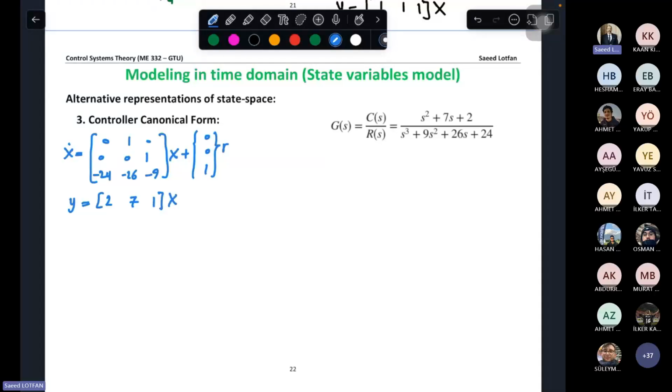In the control canonical form, what we do is change the names.